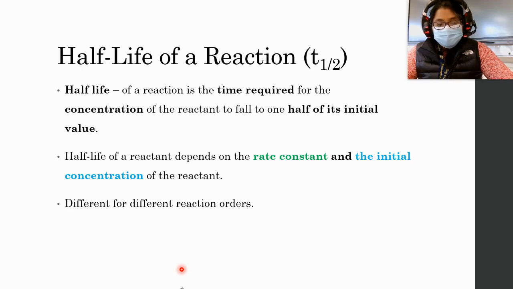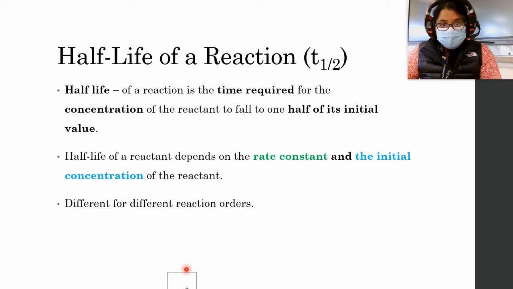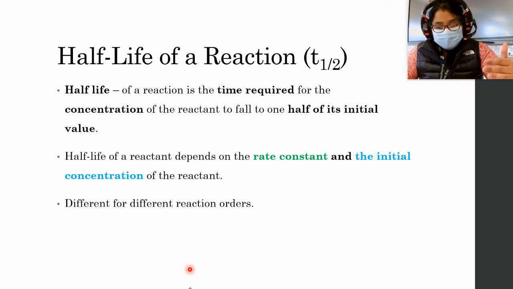You can pretty much apply this to any reactant. If a reaction is happening, the half-life of the reactant is the time in which it goes down to half of its original concentration or initial value.